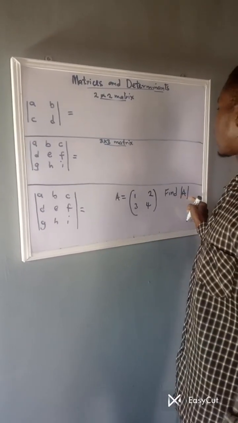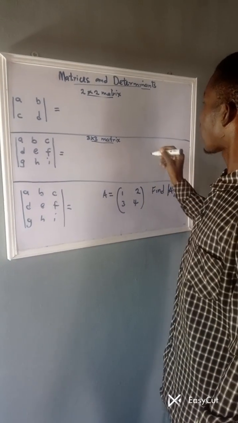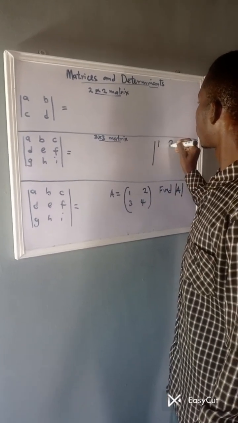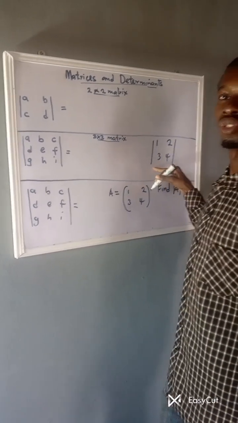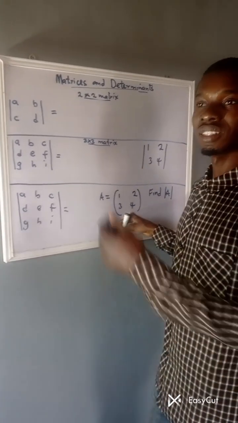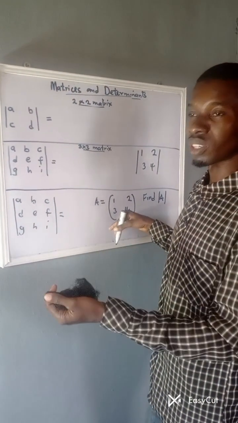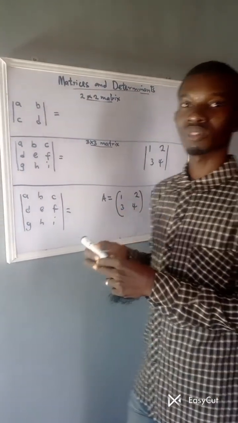If it's written like this, it's telling you to find the determinant. Sometimes they'll put 1, 2, 3, 4 in 2 strokes. So if a matrix is enclosed in 2 strokes instead of brackets, it's a way of telling you to find the determinant.